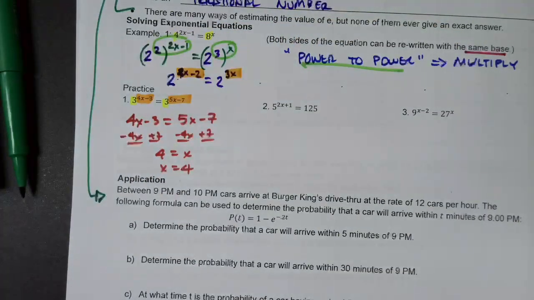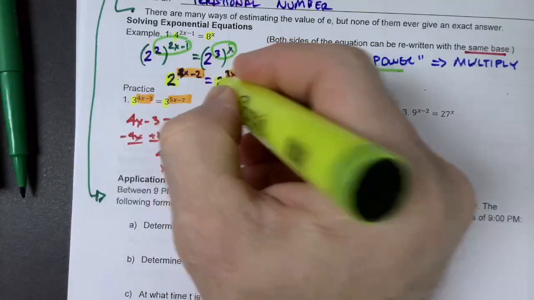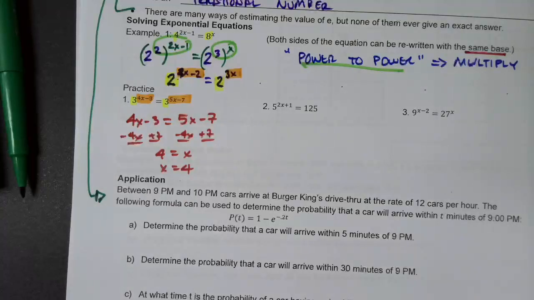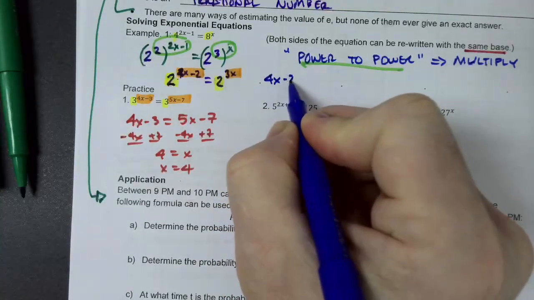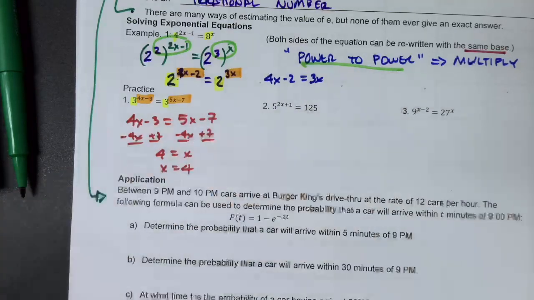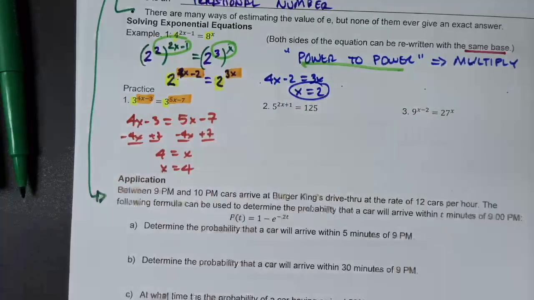It is an equation with both sides having like bases. Therefore, the exponents have to be equal to each other, and we can just take this 4x minus 2, set it equal to 3x, subtract 3x from both sides, add 2, and x equals 2, and we're done.